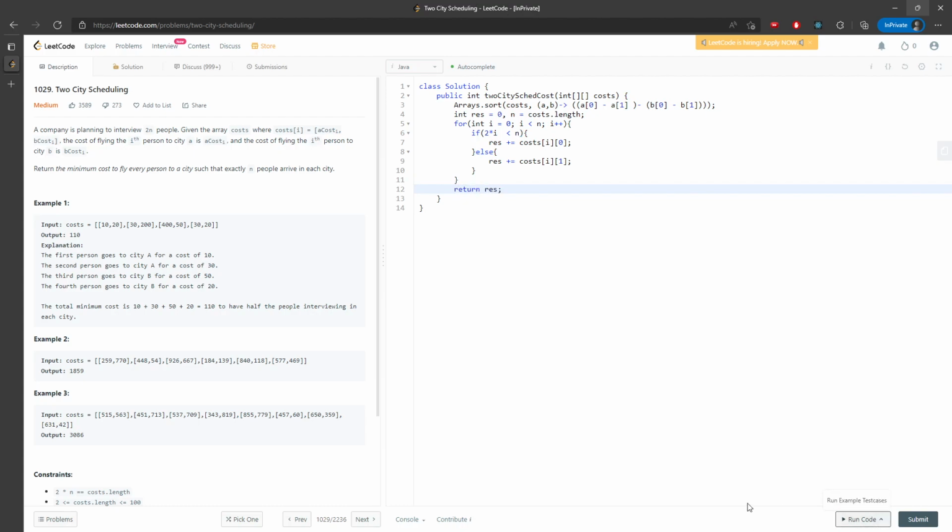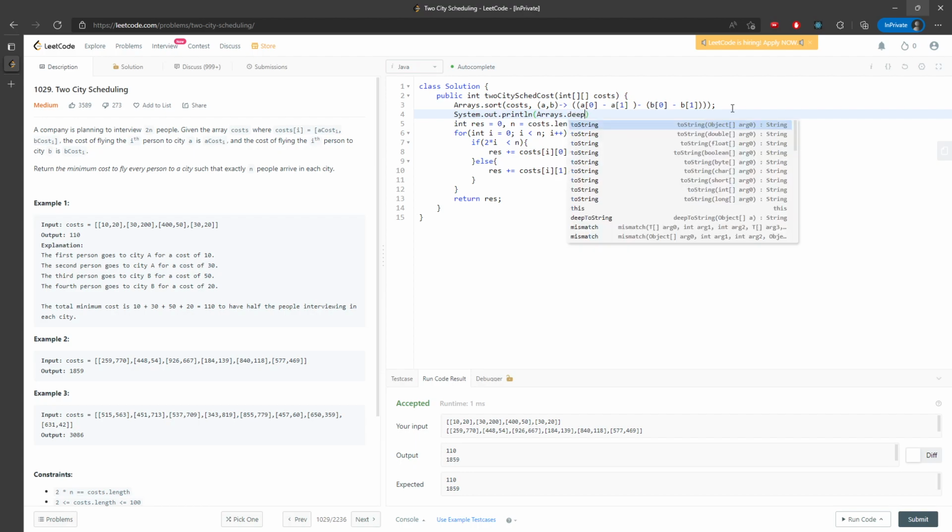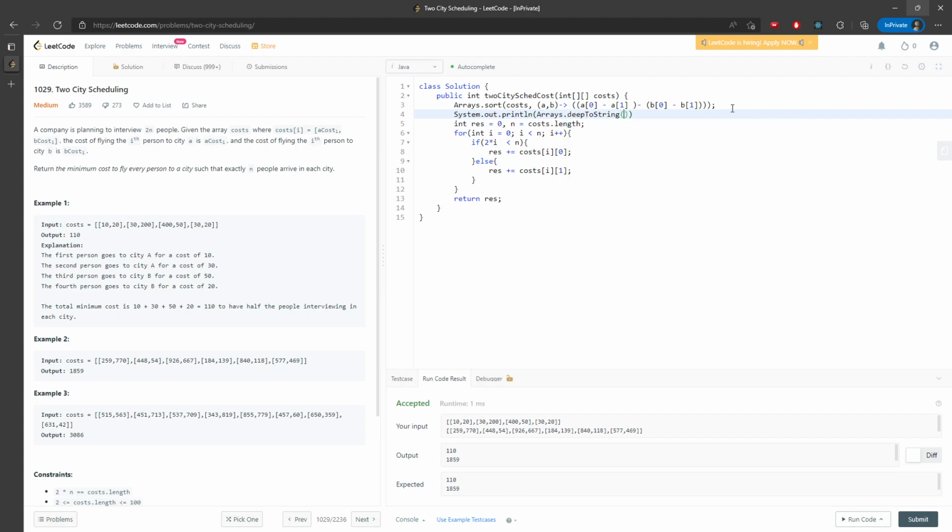So here it is. Let me just quickly run the example. If you want to print out the array, you say System.out.println, Arrays.toString of the cost, something like this.